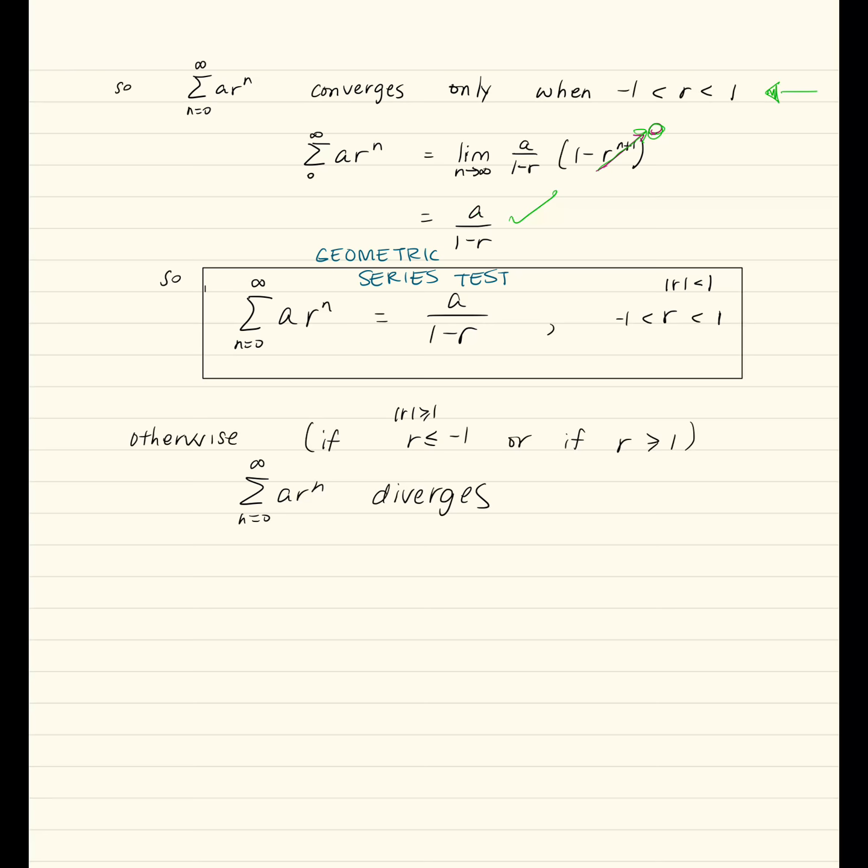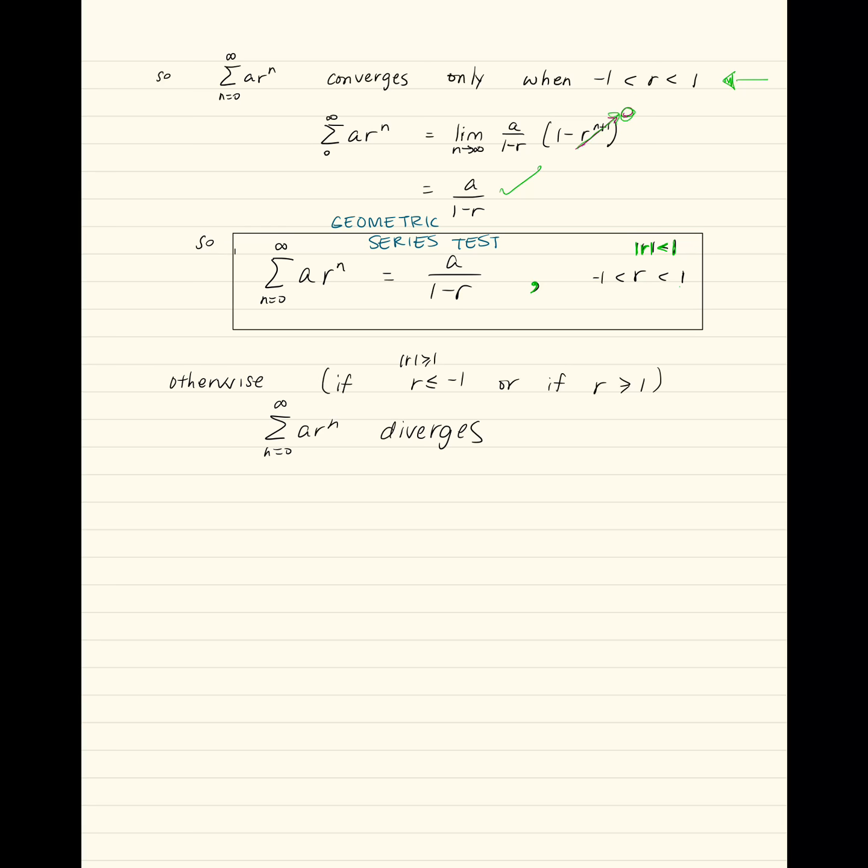So the conclusion, which is really called our geometric series test, is that the geometric series is equal to a over 1 minus r, but this is only valid when r is in between negative 1 and 1. Another way to say that is that the absolute value of r is less than 1. Otherwise, if the absolute value of r is bigger than or equal to 1, then our series diverges.